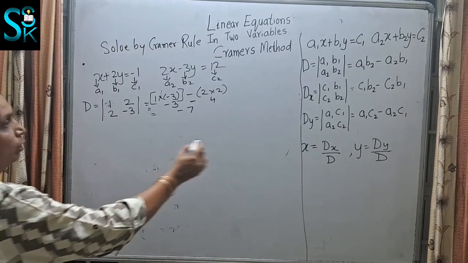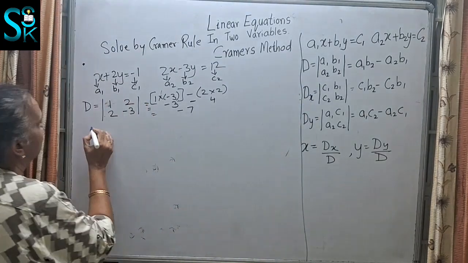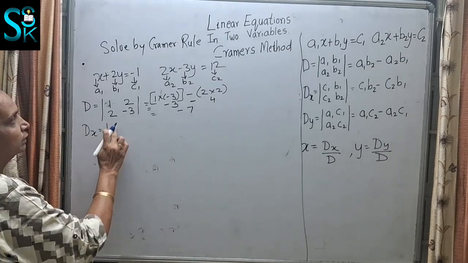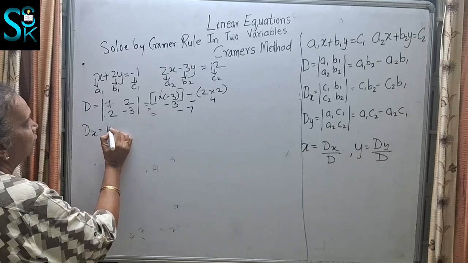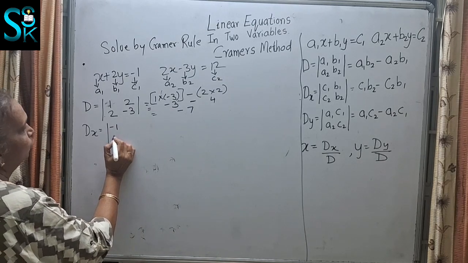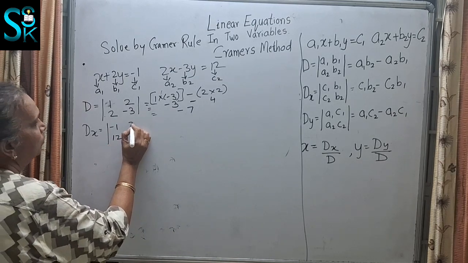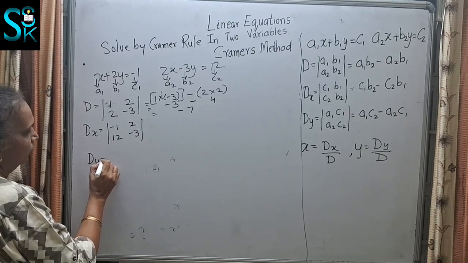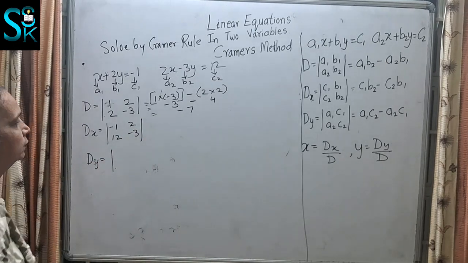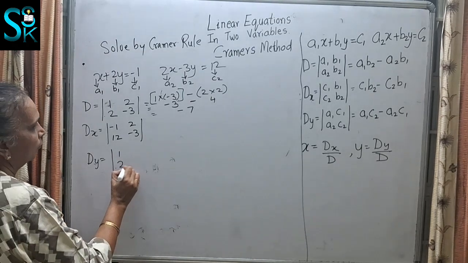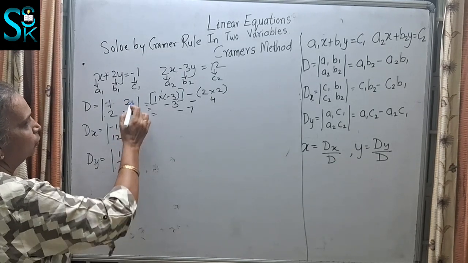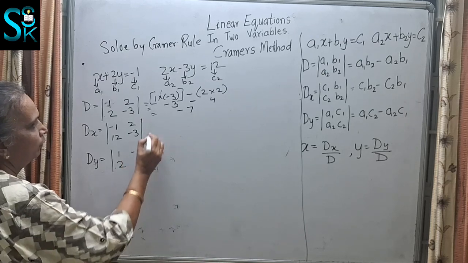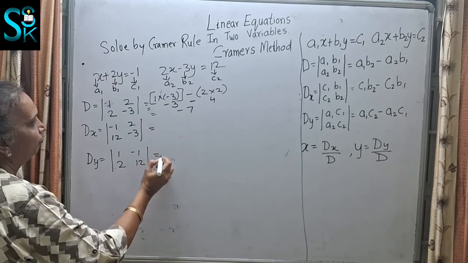Okay, then now we are going to find out dx. So dx, what we have to replace instead of x, C1 and C2, that is minus 1 and 12, and here it will be the same. Again here dy, what we are going to do, replace y, 2 and minus 3 we are going to replace by minus 1 and 12, and we are just going to solve it.